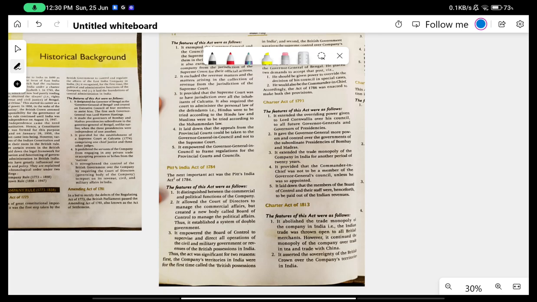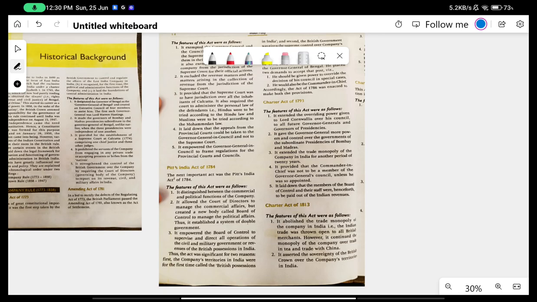So now it has already done what it has been trying to do. Now the British government says that we will dictate what you do in India. You cannot do anything in India by yourself. Whatever you are doing, you can continue doing, but you must follow our every order. We will tell you exactly what to do in India and how to do things, and you will have to follow it exactly like that, right?